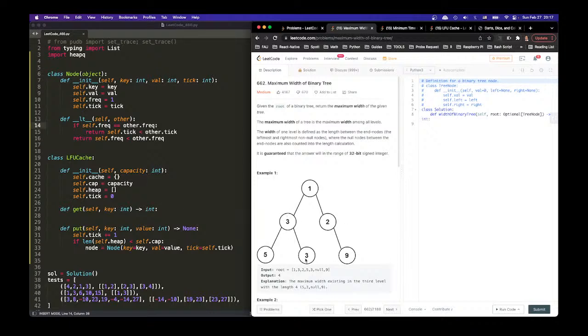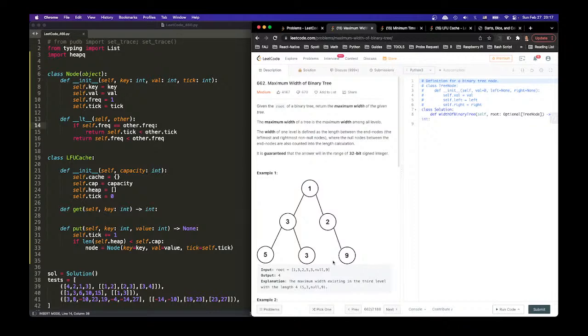The leftmost on this level will be 3, this one. Well, if we do BFS, then we have all the nodes on each level. So we have the leftmost node and the rightmost node. We do have them. Now the question is just how many more in between, right?